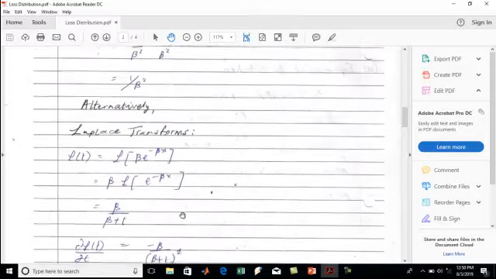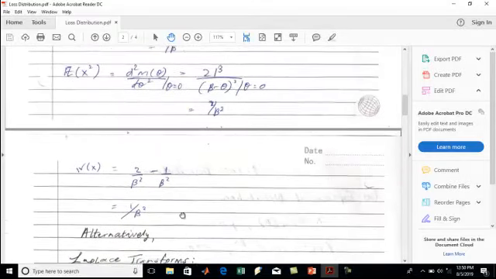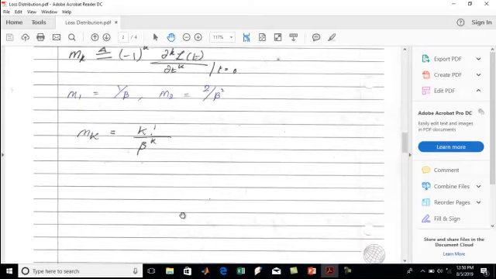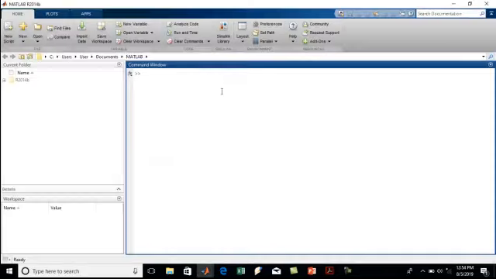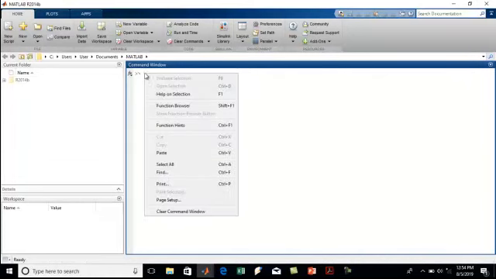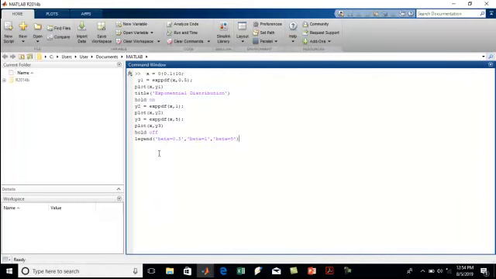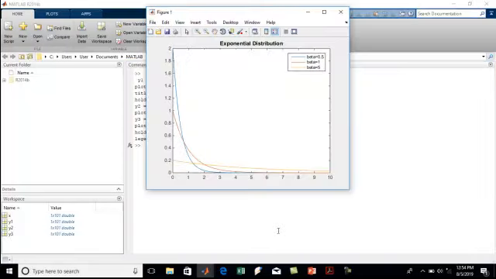Okay, now let's have a look at the graph of an exponential distribution function. To graph the exponential distribution, I'm using MATLAB. Here is a graph.